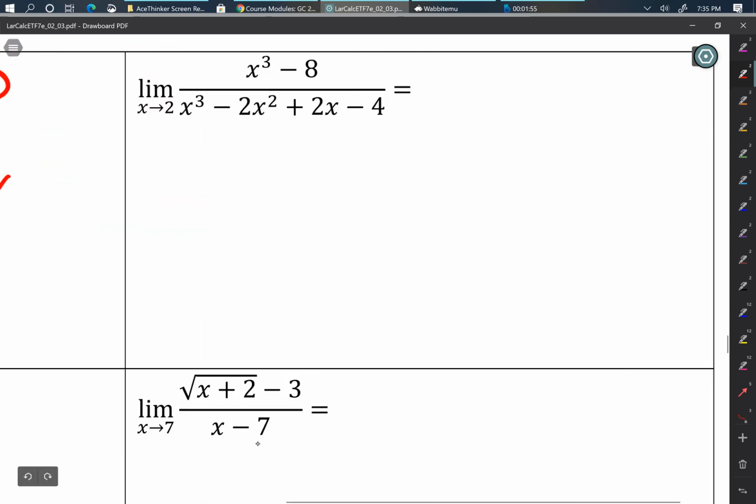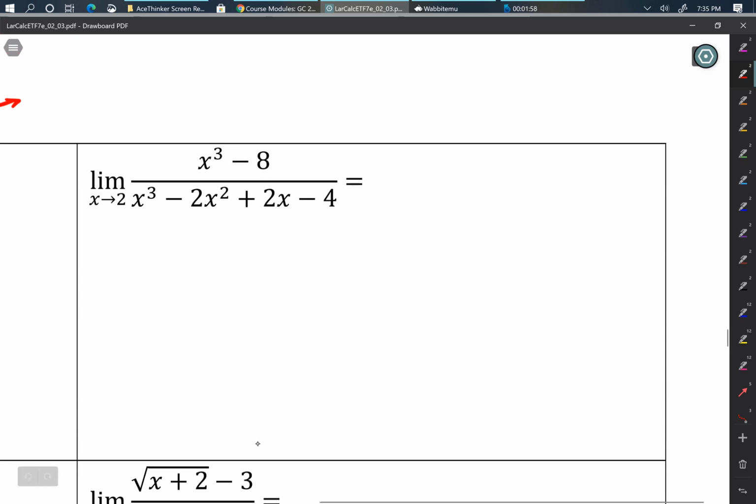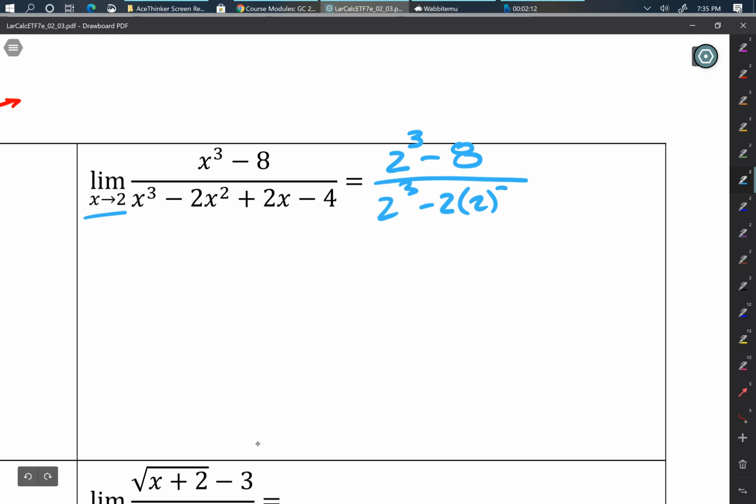All right, let's try another one. Here we go. We're taking the limit as x approaches 2 of this hot mess. Let's see. Plug into direct substitution: 2 cubed minus 8 divided by 2 cubed minus 2 times 2 squared plus 2 times 2 minus 4.